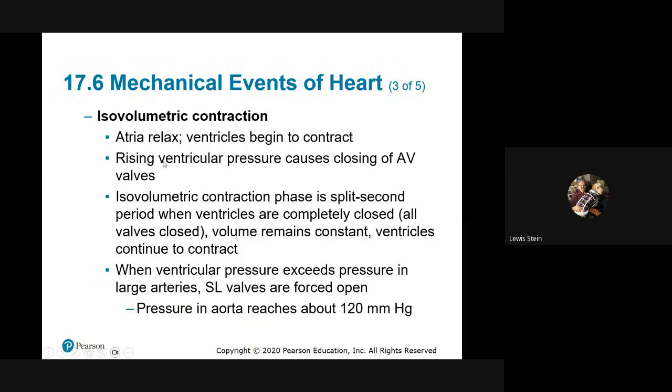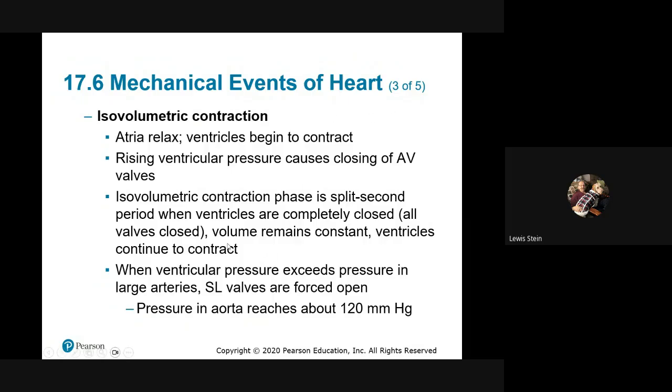So what happens initially is the ventricles start to contract, the pressure builds up, and then it causes those atrioventricular valves to close, and they call it isovolumetric contraction. Super important, because at that point, not only are the pulmonic valves closed, but the atrioventricular valves are closed.